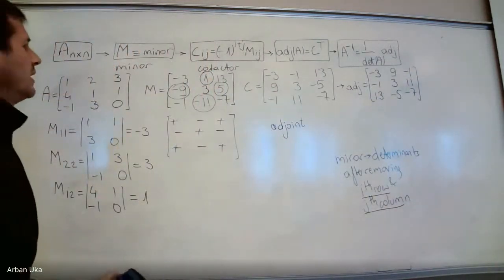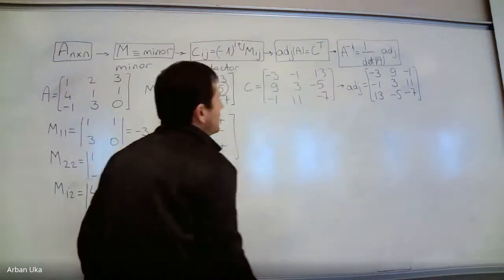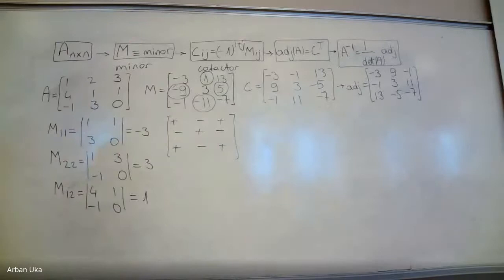The next step is to find the inverse. To find the inverse, we need to know the determinant. What is the determinant of matrix A? Let's try to identify it. We have here M11, M12.